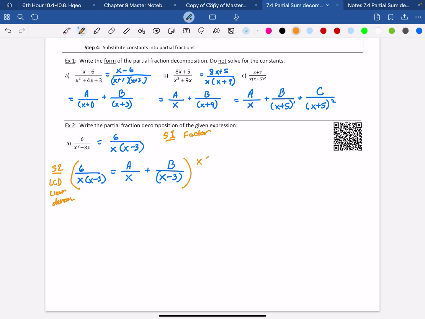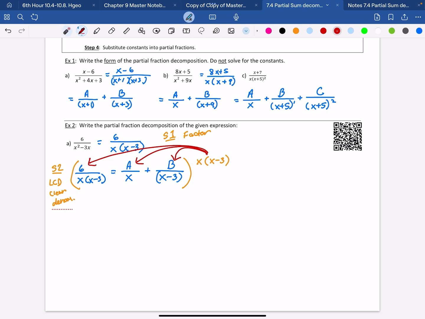I'm going to multiply by x times x minus 3, and make sure that you keep that in factored form. Now we're going to take every single term in the entire equation and multiply it by the LCD, x times x minus 3.